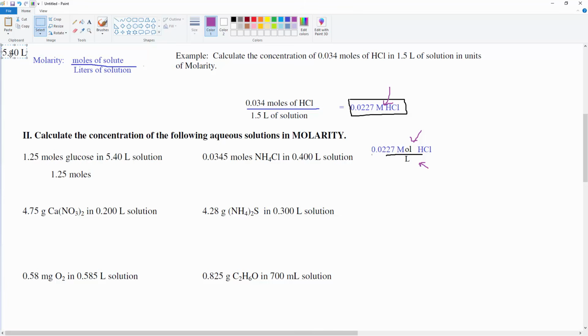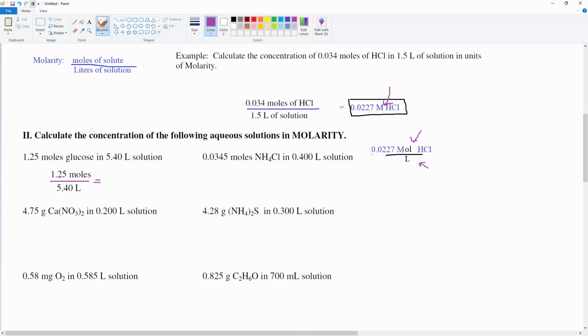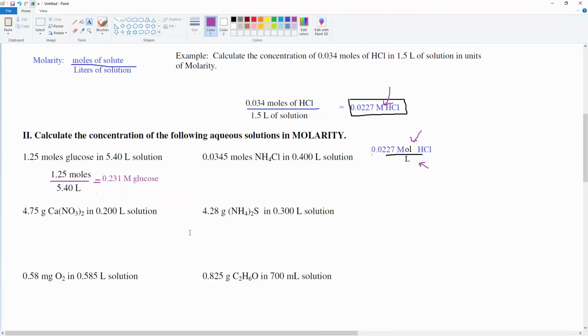There's my liters, putting them where they go. And then, haha, I have moles per liter. So 1.25 divided by 5.40 gives me 0.231 molar, and this is glucose solution, right? Okay, not so bad. What about this guy here?